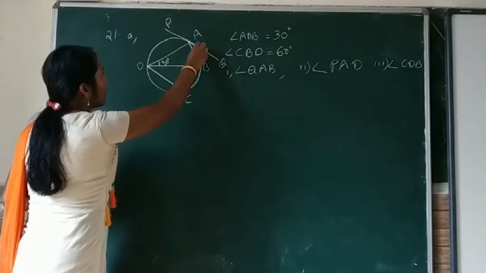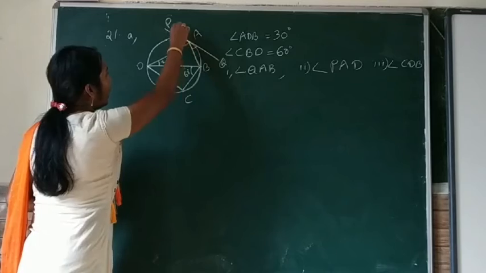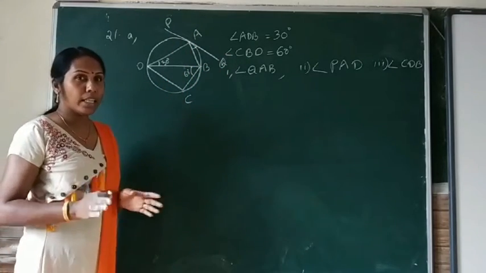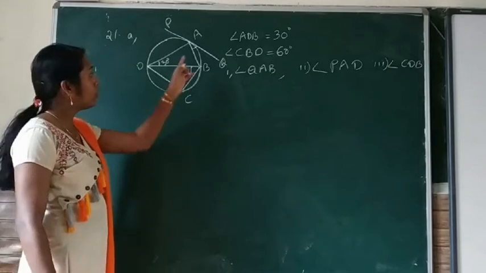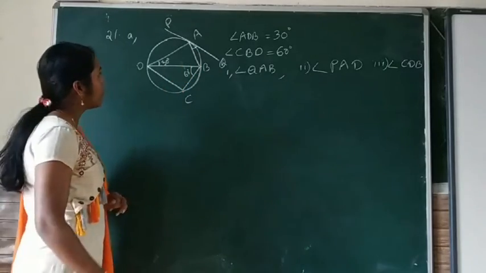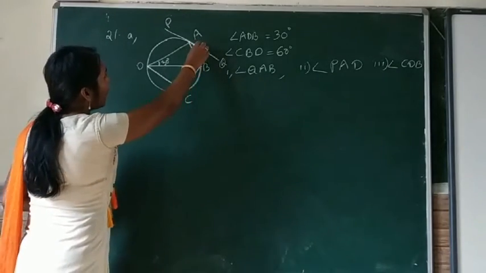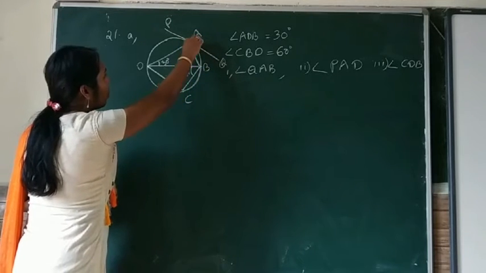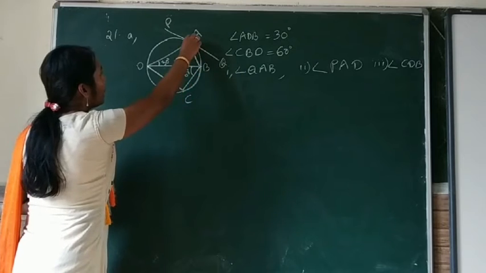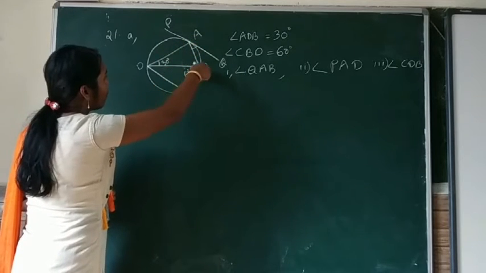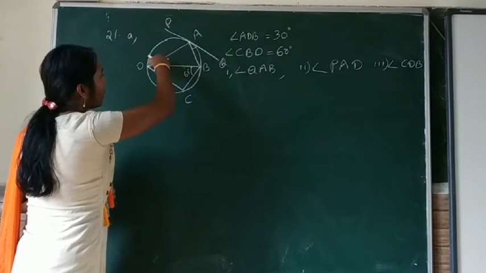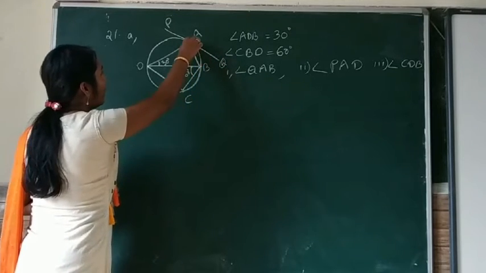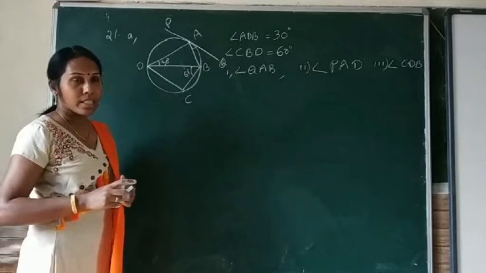So this is an angle between a chord and a tangent. We know that the angle in the alternate segment will be equal to this angle. Let us see what is the angle in the alternate segment for this angle. Chord AB is the chord, and this is the alternate segment, and the angle in the alternate segment is angle ADB. So QAB and ADB are equal by the alternate segment theorem.